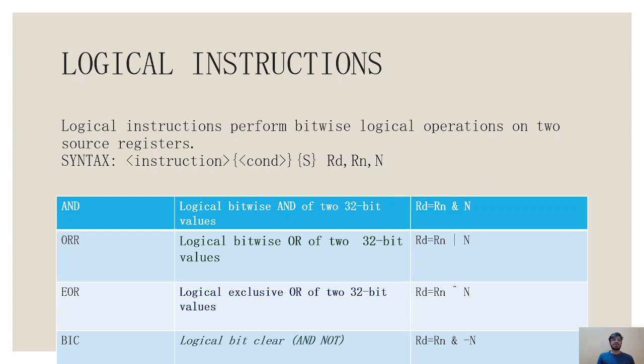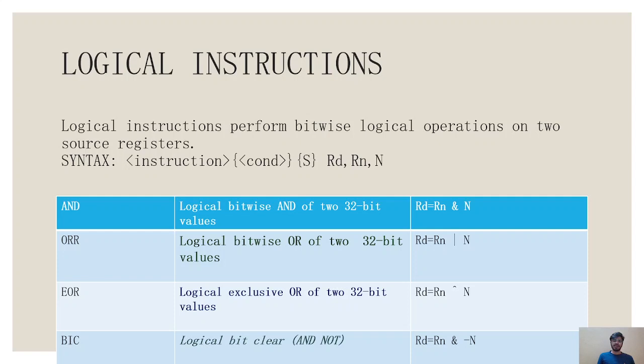Now we have the logical instructions. Logical instructions perform bitwise logical operations on two source registers. The syntax is instruction, condition, S, Rd, Rn, N, in which we have various functions like AND, logical bitwise AND of two 32-bit values.